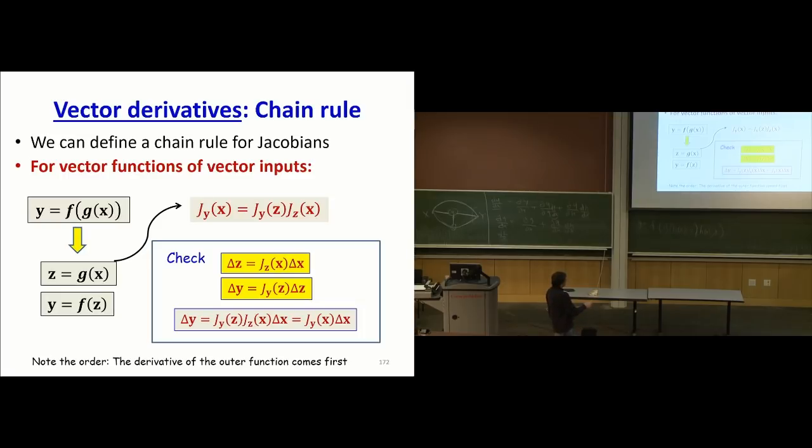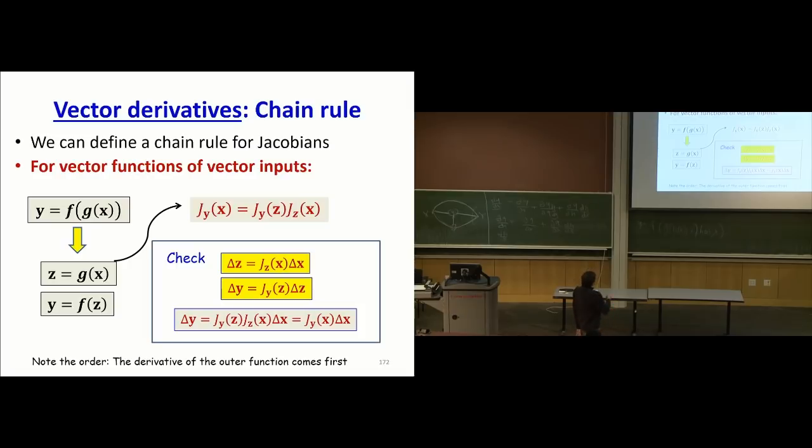Delta z is the Jacobian of z with respect to x times delta x. Plugging the two in, the Jacobian of y with respect to x is the Jacobian of y with respect to z times the Jacobian of z with respect to x. Now these are matrices, so the order in which the multiplication happens is important. You can't flip the order. You can check that all of the dimensions fit.